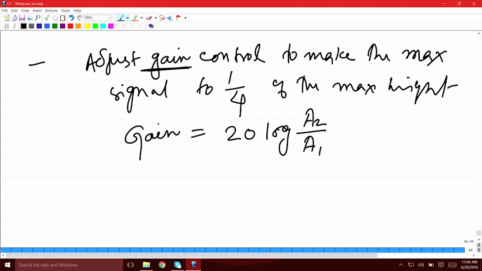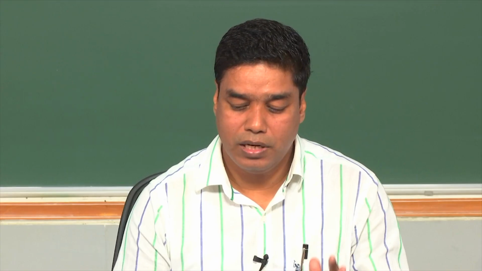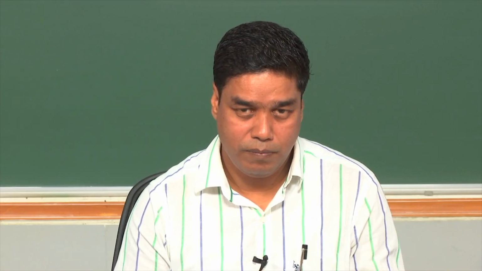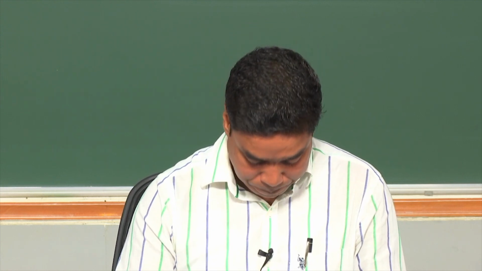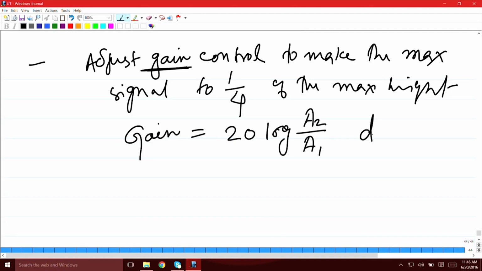That means A1 is the initial amplitude, and if you increase it to A2, so the log of this ratio multiplied by 20 is the gain. In sound waves, it will be in terms of decibel.